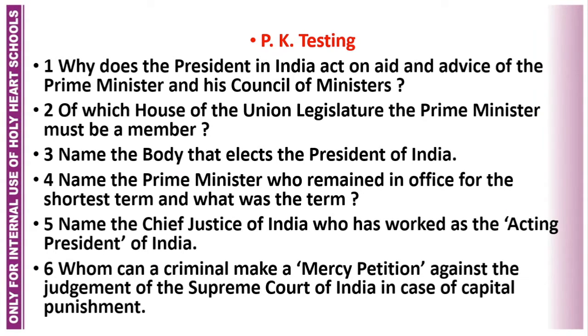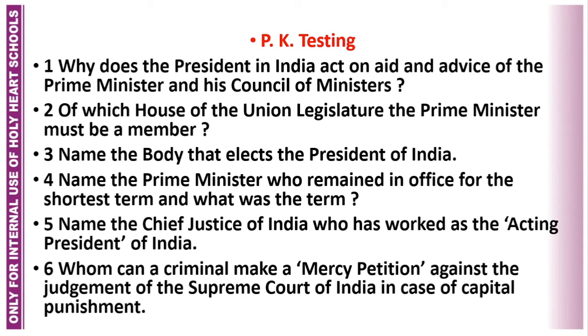It's a very surprising question. You know, it is Mr. Atal Bihari Vajpayee. He acted as the Prime Minister of India and the term was just 13 days. He could not prove the majority, so he came out of the office.